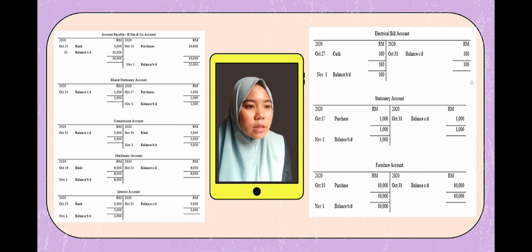Balance on 31 October is 25,000, and the total is 25,000. For Baharat Stationery account, 31 October, balance is 1,000. 17 October, purchases 1,000. So the balance on 1 November is 1,000.